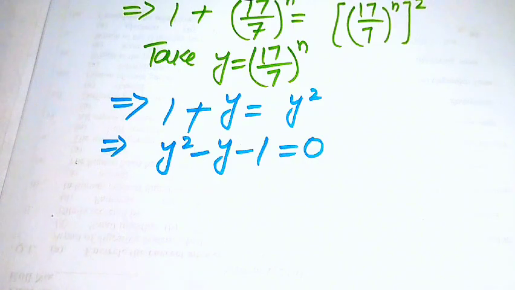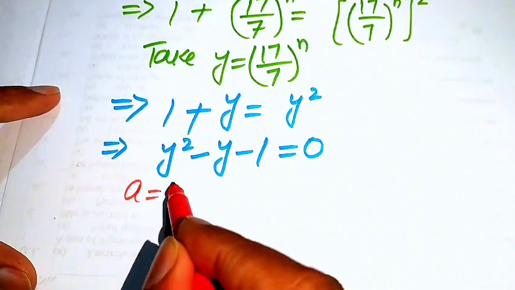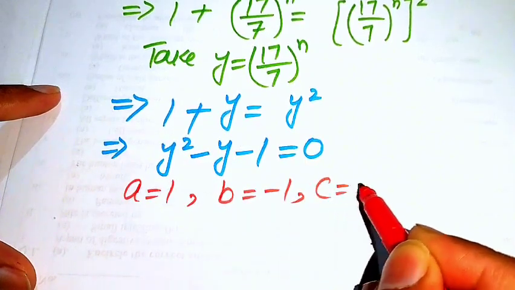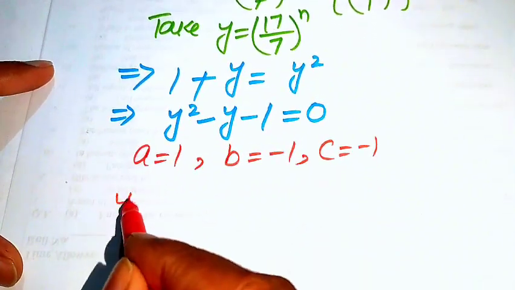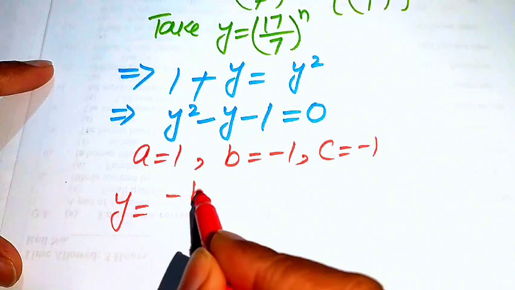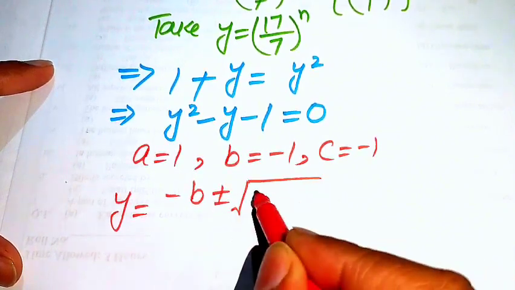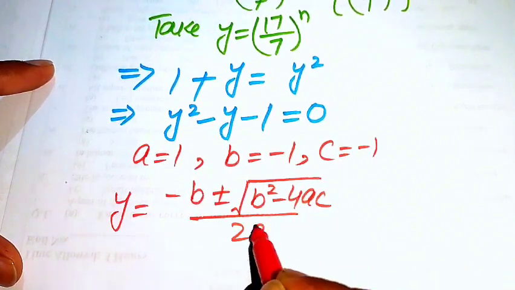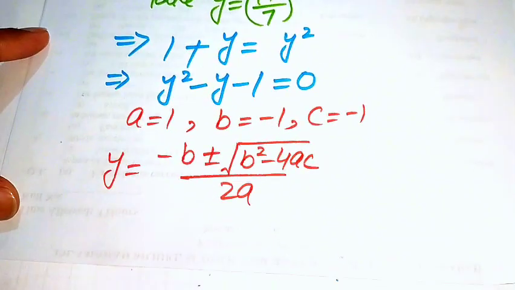So now it becomes a quadratic equation in standard form, so here we need to use the quadratic formula. First we write the coefficients of this quadratic equation and we have a equals 1, b equals minus 1 and c equals minus 1, and our quadratic formula will be written as y equals minus b plus minus square root of b square minus 4 times ac divided by 2 times a.